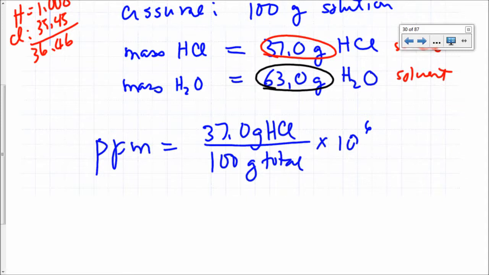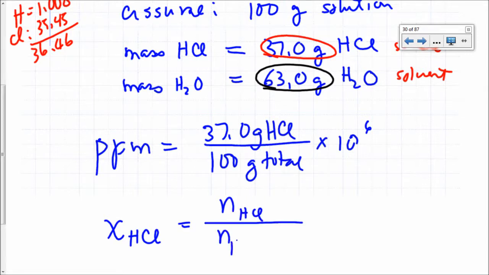How do you get mole fractions? Mole fraction of HCl would be moles HCl over moles total, right? So moles total is moles HCl plus moles water.